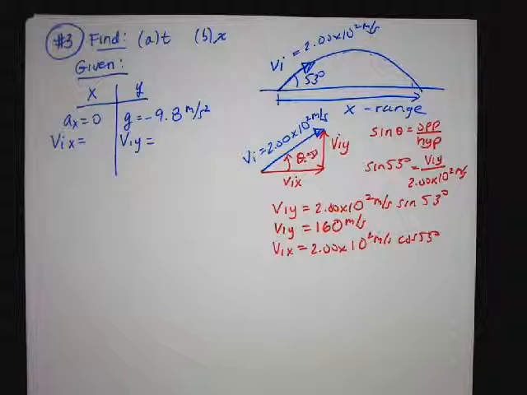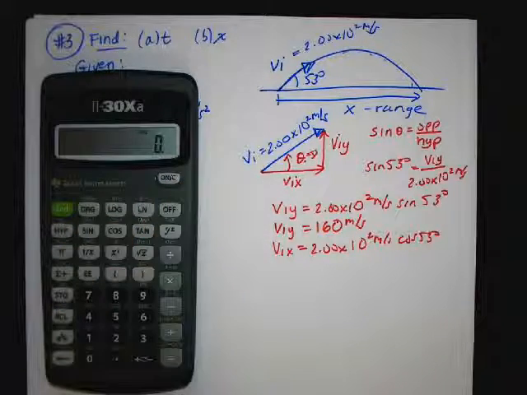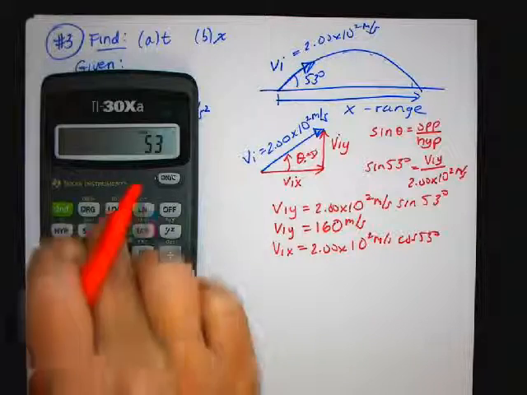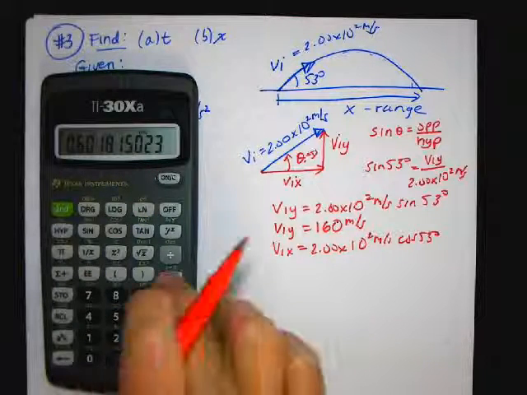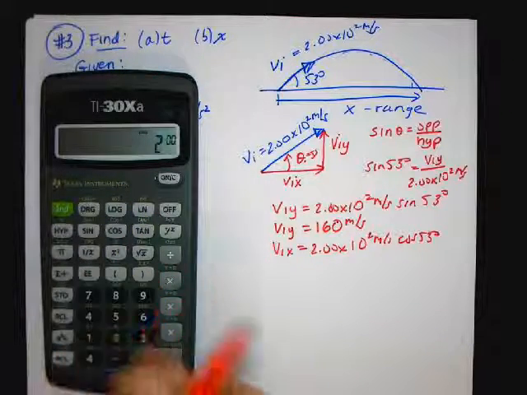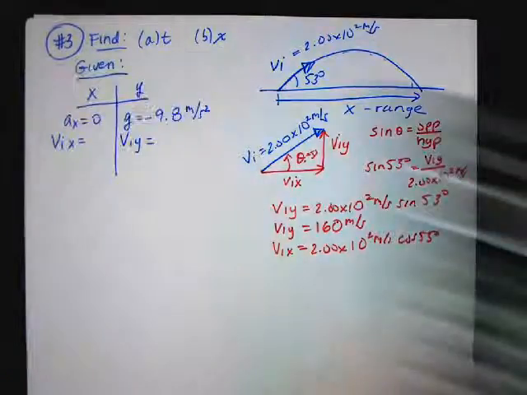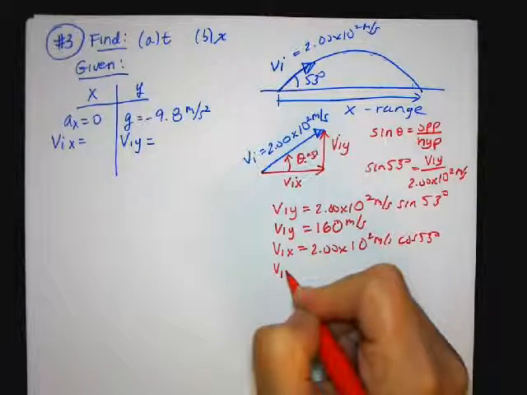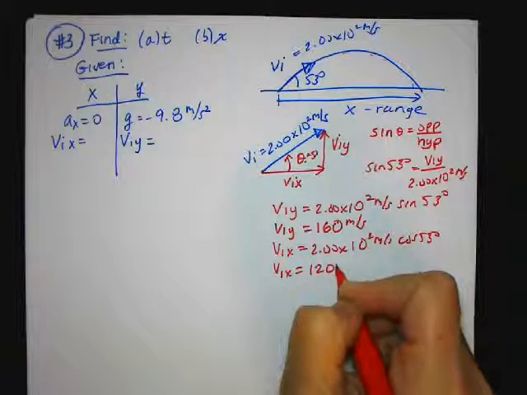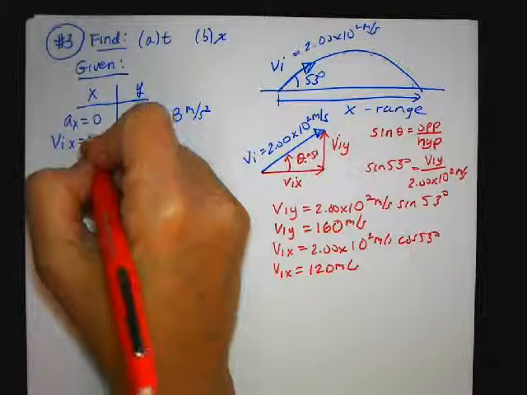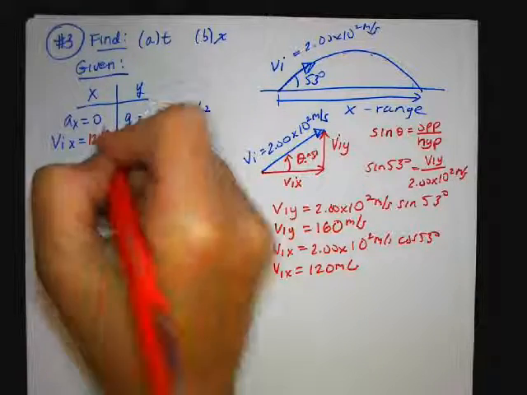So when I do that on my calculator, well, actually, I'll do it so you can watch. 53 cosine times 2EE2 equals, so it's about 120. So now VIX is 120 and VIY is 160.